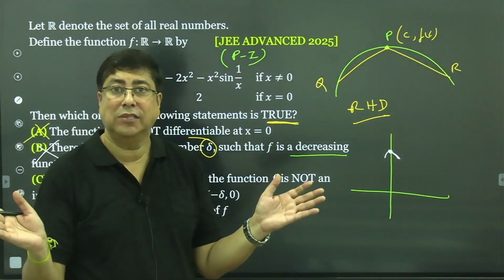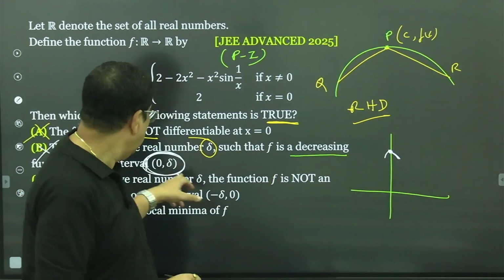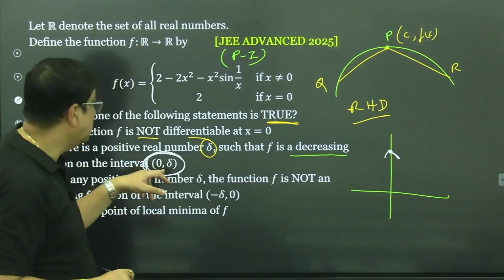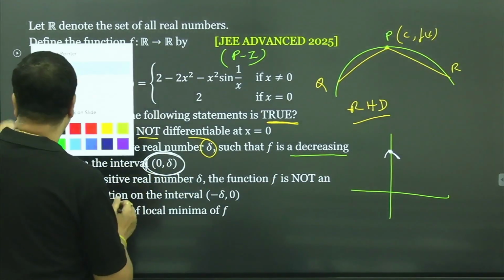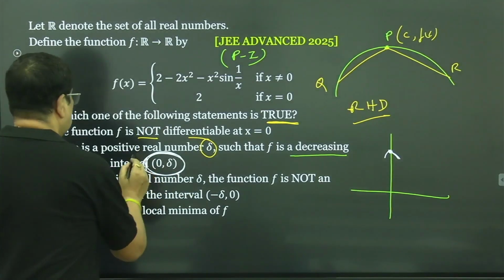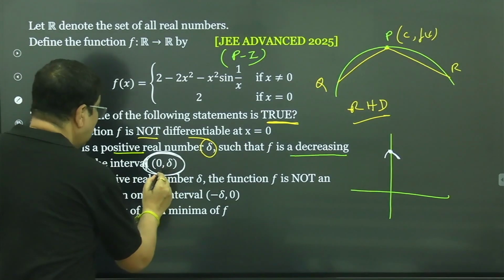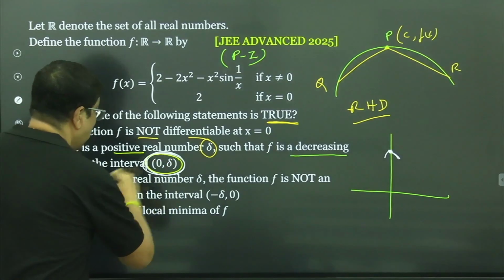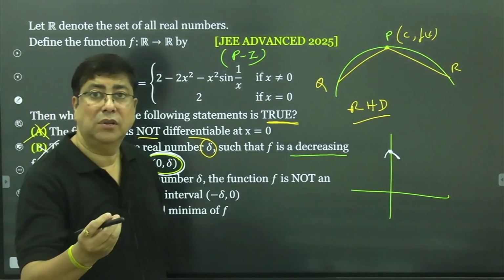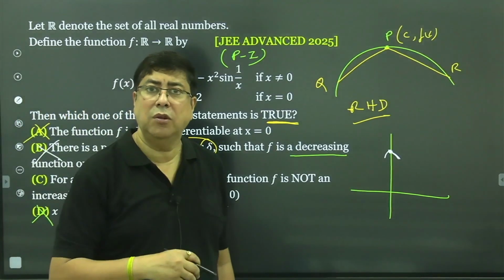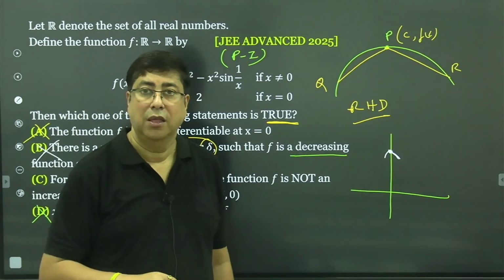There is no question of x equal to 0 because a positive interval has been given. So this is a positive real number. In this interval 0 to delta, there is no chance of including 0 here.